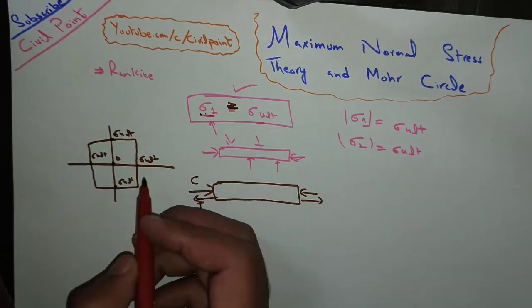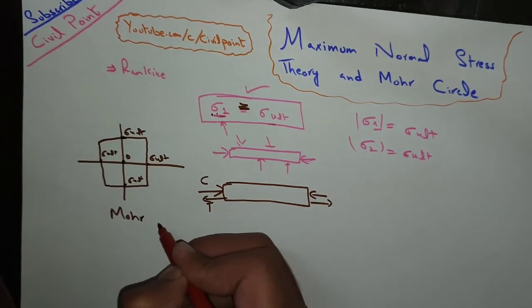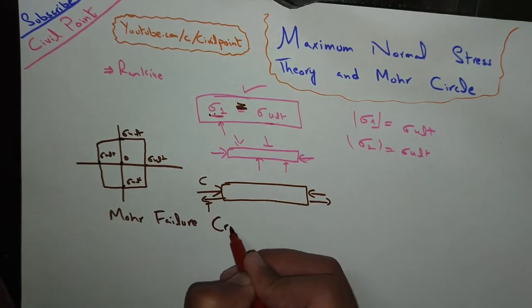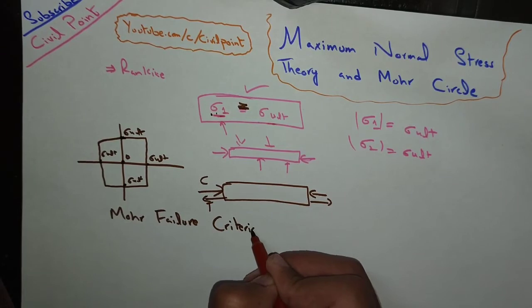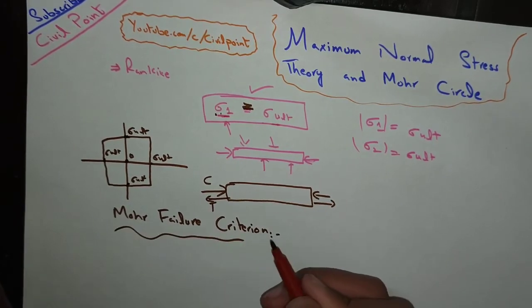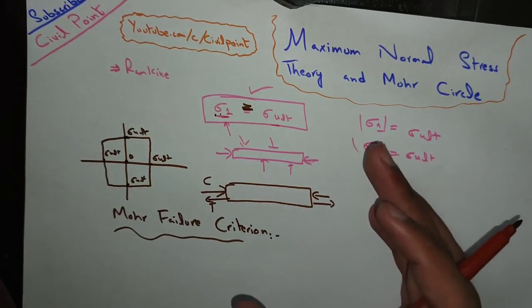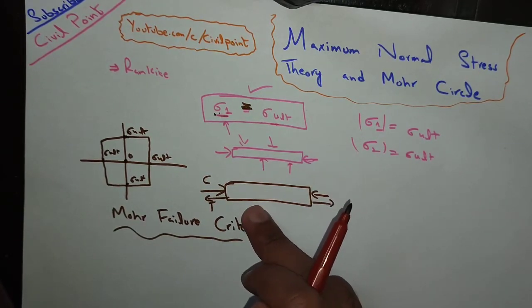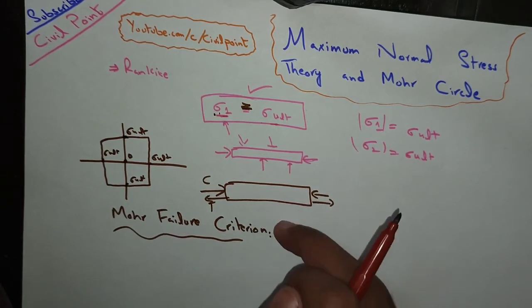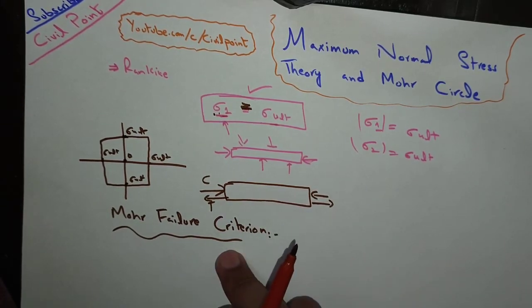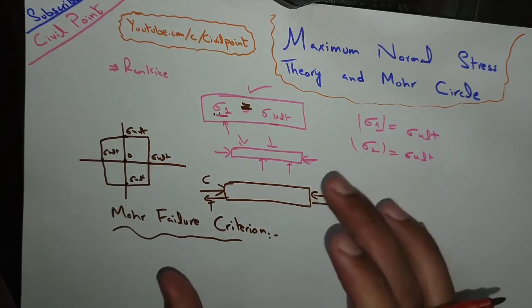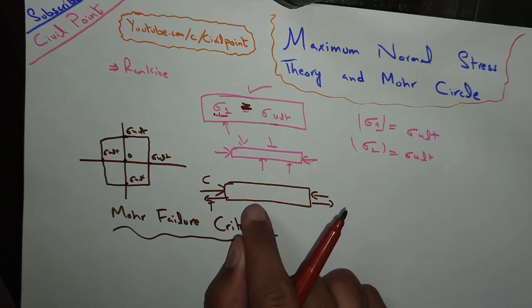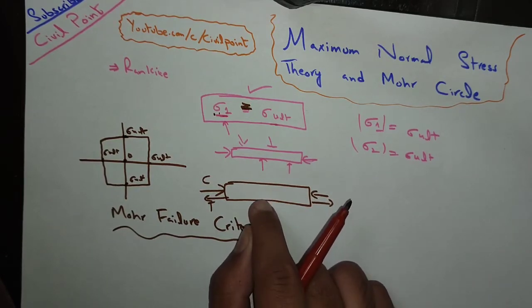Now we are going towards Mohr Circle. It's also called Mohr failure criteria. So if in some materials the behavior in tension and compression is different, we will use Mohr circle to find the reason of failure in these materials, where the material behaves differently in tension and compression.